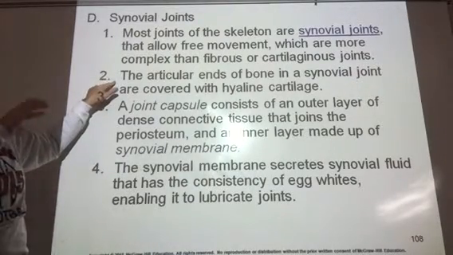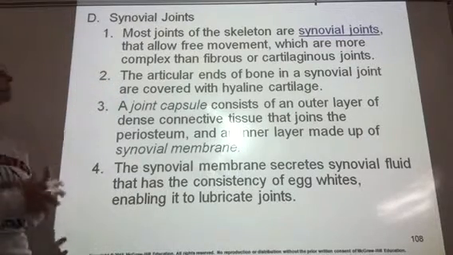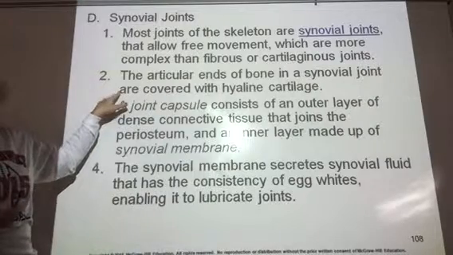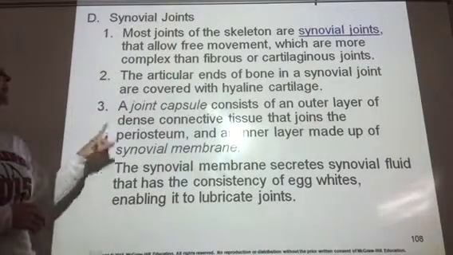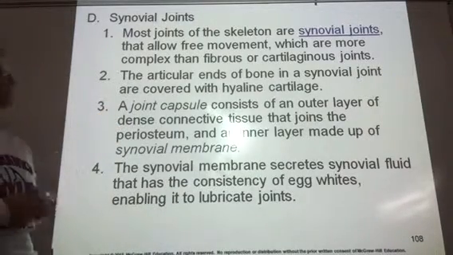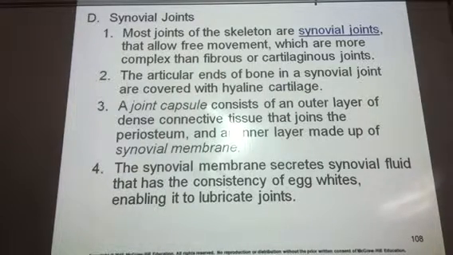The articular end at the epiphysis of the bone is where a synovial joint is, and it's covered with hyaline cartilage. We talked about that when we talked about long bones. A joint capsule, if you ever injure a joint, you might hear this term. Joint capsule is the outer layer of the tissue. It joins the periosteum, and then it's going to help make up a synovial membrane.